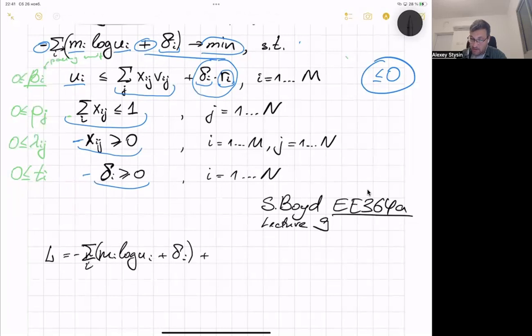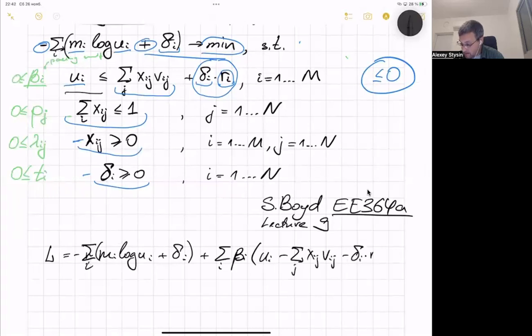Now plus, we move everything to the left-hand side, so we have the sum over i of beta i, and inside here we have everything moved to the left side. So this is sum over j of x_ij v_ij minus delta i r_i.